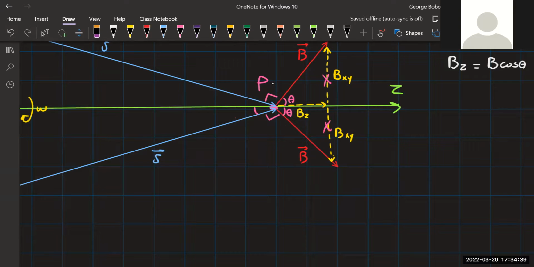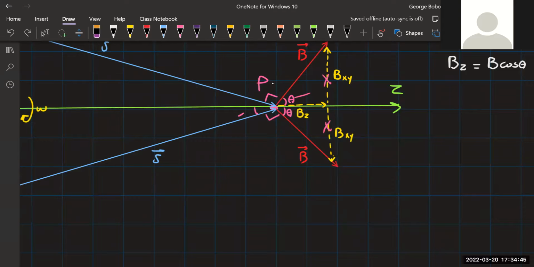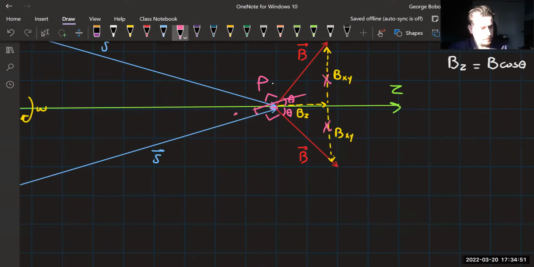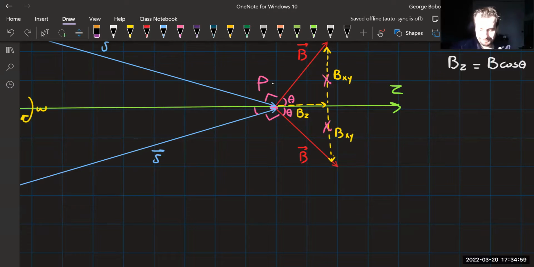What are they? Cojacent angles. Opposites? Are they opposites? I don't know.